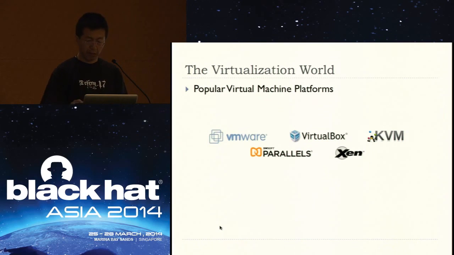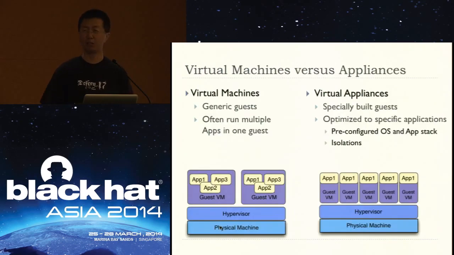Now, so far, all the description is about virtual machines. And in fact, before I came here to give the talk, there were already people who emailed me to say, are you going to talk about virtual machines or are you going to talk about virtual appliances? So I need to make some clarification about what a virtual appliance is. I use this picture to show what a virtual appliance is.